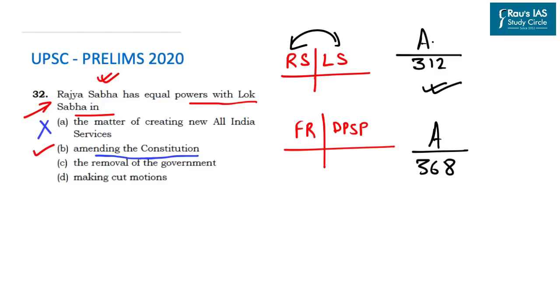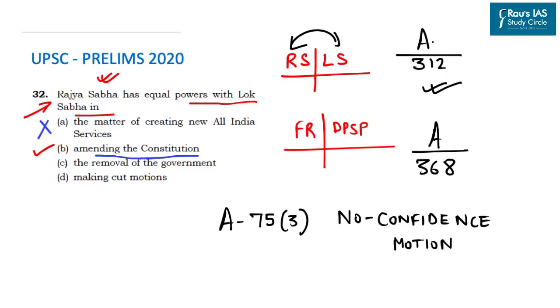Removal of the government. Now in this regard, you need to be aware about Article 75 clause 3 as well as no confidence motion. And if you are aware that a no confidence motion can be introduced only in Lok Sabha and not in Rajya Sabha, then here again, this option can be ruled out. Further, making cut motions.